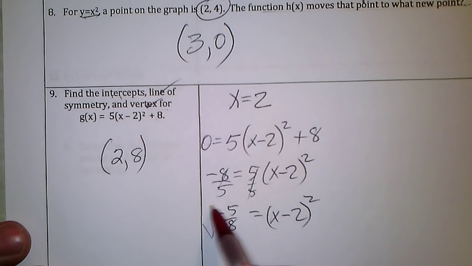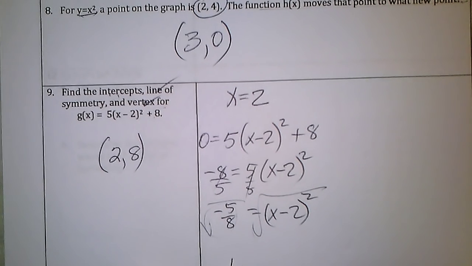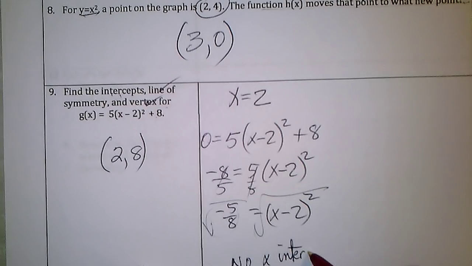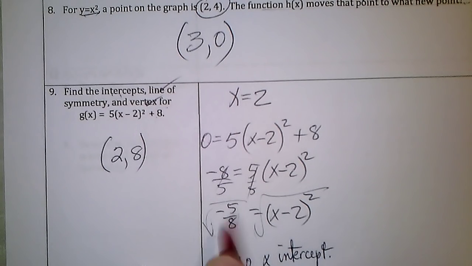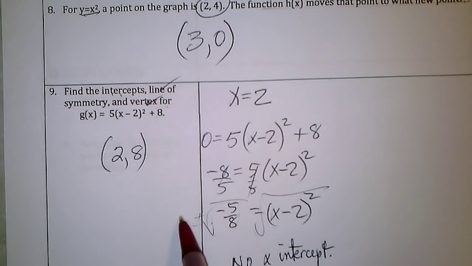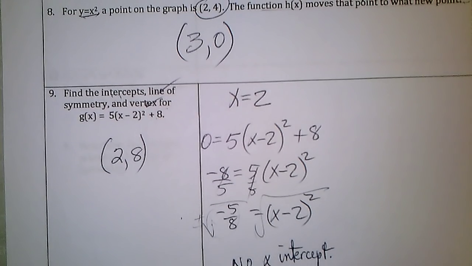Then I would take the square root, but it's a negative, so no x-intercepts. Now, if this was positive, I would take the square root and say plus or minus, and then add the 2, and I'd have 2 plus or minus this. These are going to be imaginary because they're the square root of a negative. So no real x-intercepts.